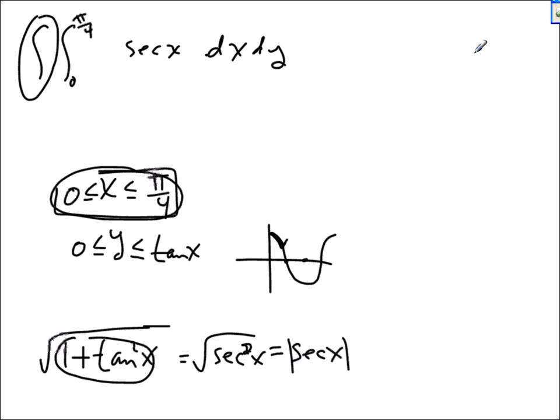This is a case where maybe I'll do dy dx. And it works out very friendly because y goes between 0 and tangent x. And you can put x's so long as x comes after the dy. And x goes between 0 and pi over 4.